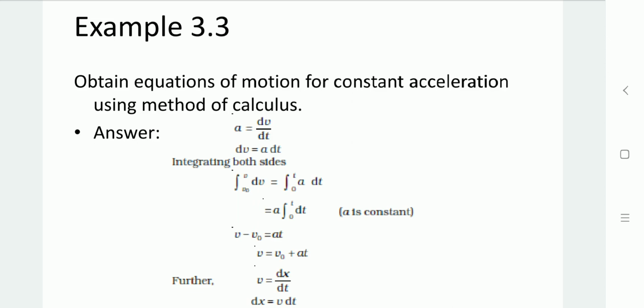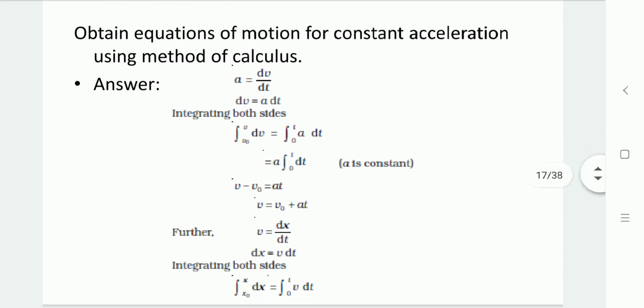Now as acceleration equals the differentiation of velocity with respect to time, likewise we can say that velocity equals the differentiation of position with respect to time. So that would be v equal to dx by dt. So dx equal to v dt.